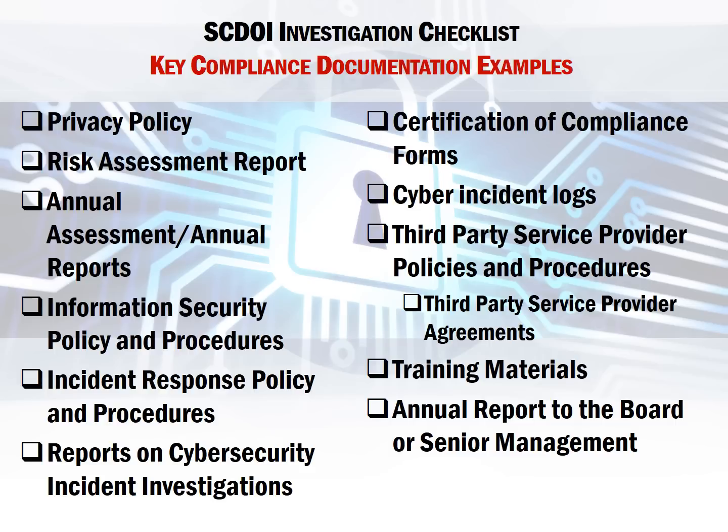Your privacy policy, risk assessment report, information security policies and procedures that were just shown on the previous slide, certifications of compliance forms, cyber incident logs, your third-party service provider policies and procedures, including agreements with third-party service providers, training materials that you have, and any kind of annual report that you might provide to the board or to members of senior management.